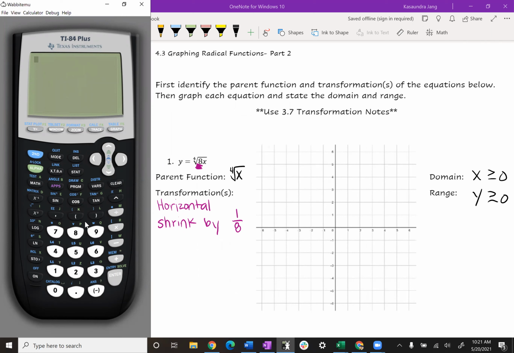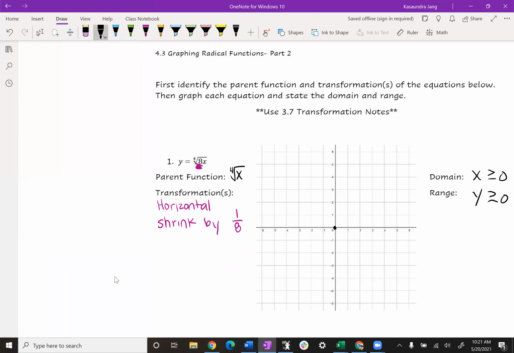So you can also, in a scientific calculator, if it doesn't have an x root, raise it to an exponent. In our case, I'm going to do 8x. I'm plugging a 0 in for my x, so like 8 times 0 to the 1/4. A 1/4 exponent is the same thing as a fourth root. All right, so I plugged in a 0 for my x, I got a 0 for my y. So it is the xy point 0, 0. So there's my first point.